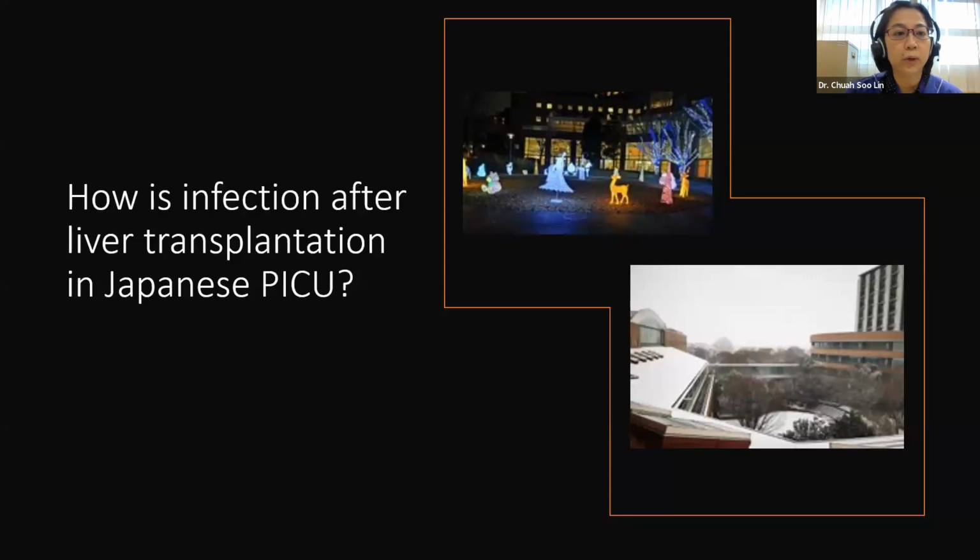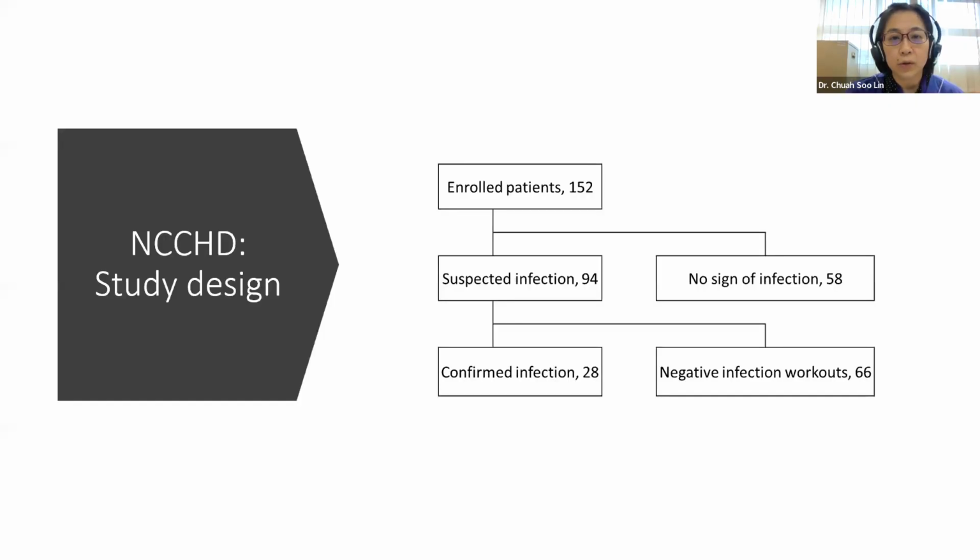Now we're going to go through the infections post liver transplantation in the Japanese PICU. The study was done mainly to look into the pattern of infections post liver transplantations in PICU, and also the associated risk factors.